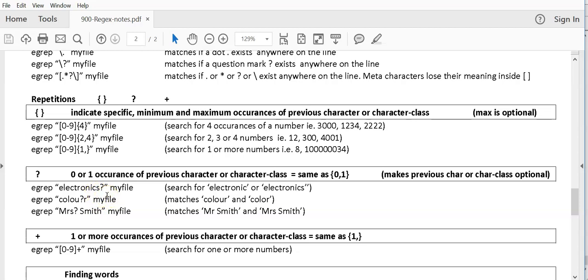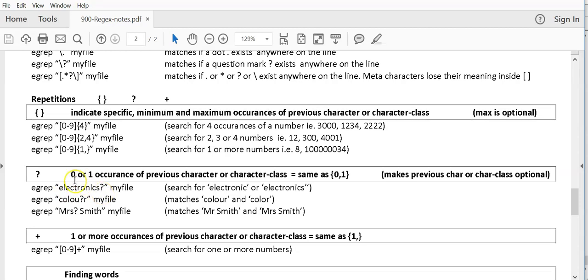And because it's acting upon the letter S, it's going to allow for either 0 or 1 occurrence of S, which means electronic would be okay because that's 0 occurrence of S, or 1 occurrence would be okay. So electronic will qualify as well as electronics would qualify.